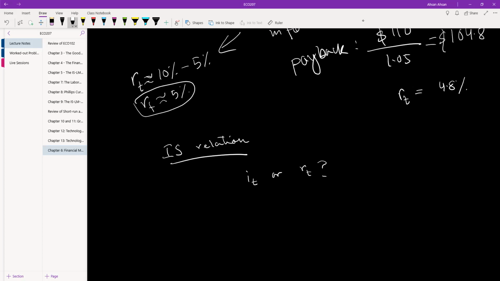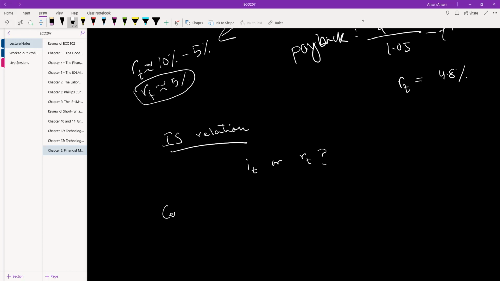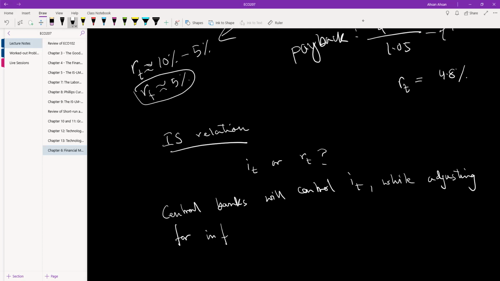And the answer is straightforward: central banks will control i_t while adjusting for inflation.